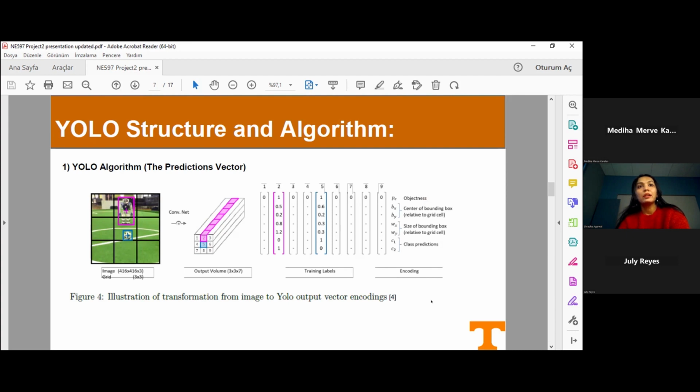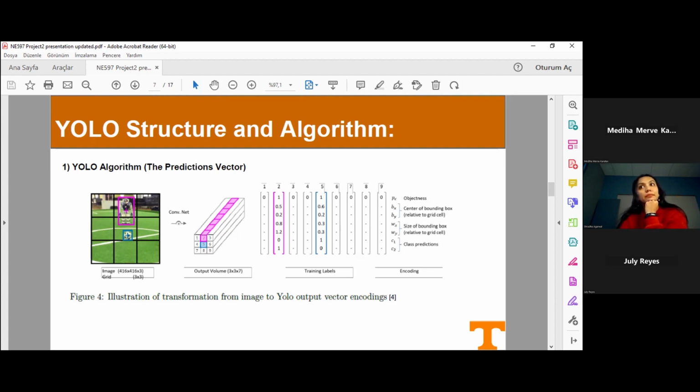So here on screen, you have divided your image into 7 grids, 7 by 7. Can you divide it into any number of grids in YOLO V1, or is it fixed? Actually, YOLO V1 is S times S grid.